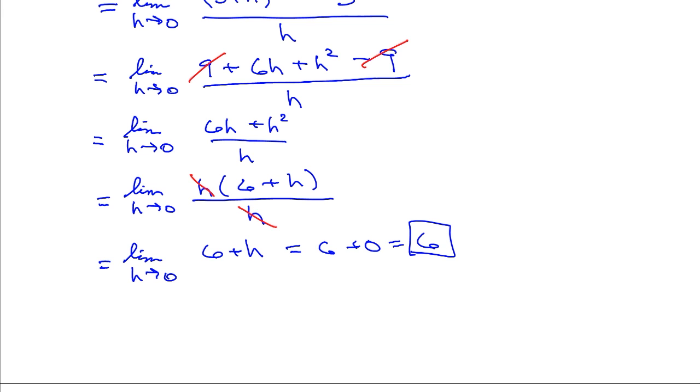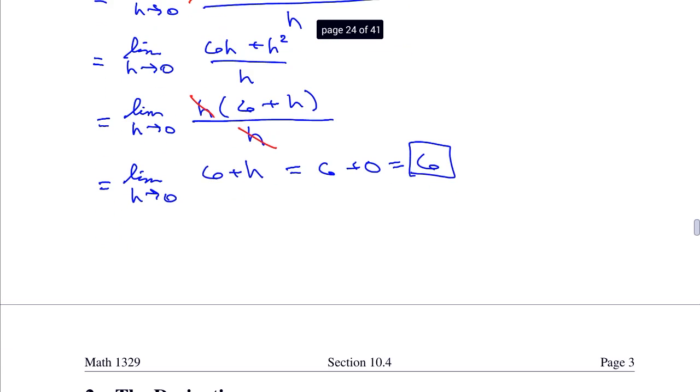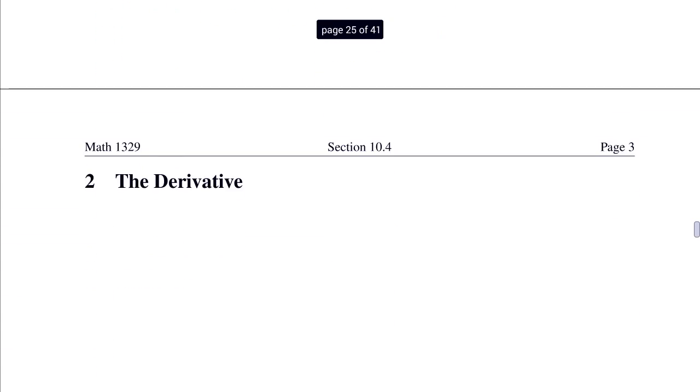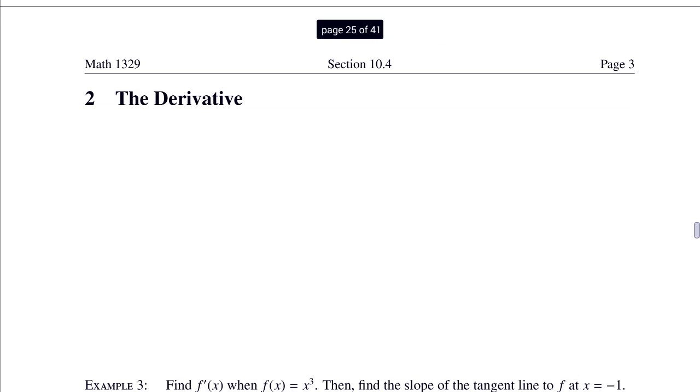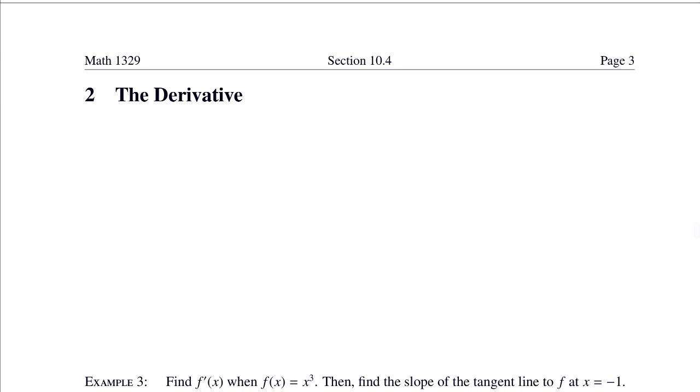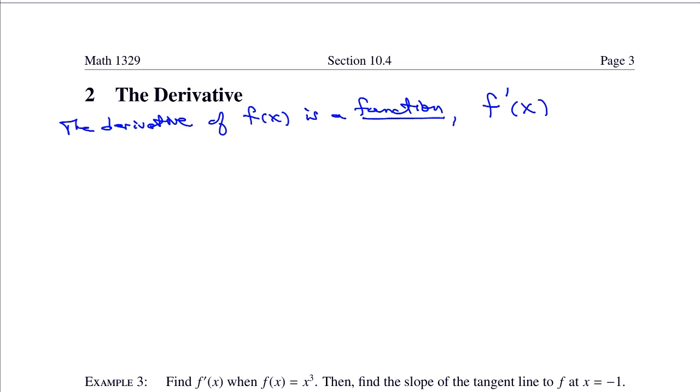Now, what is this good for? Well, this thing is called the derivative. Let's give you the definition of derivative. The derivative of f of x is a function, number one, underline that, that's important. And the notation is f prime of x.